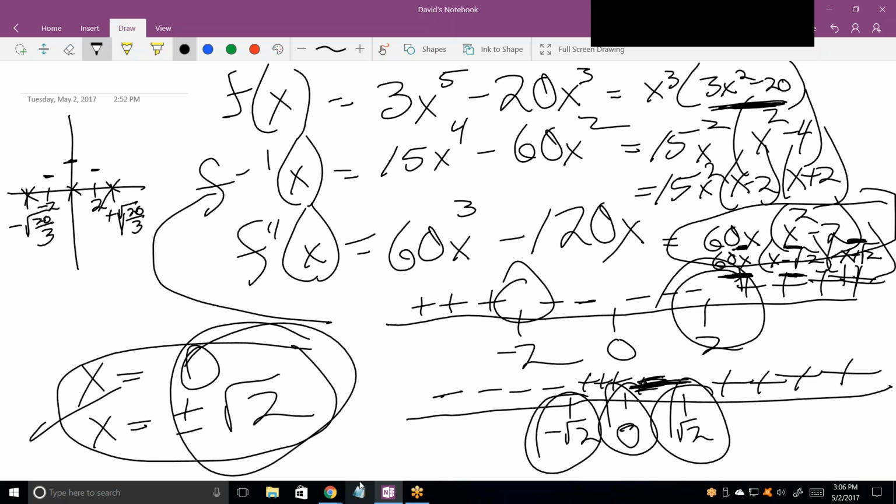Now, if I look at my second derivative, let's go back and look at the first derivative. To the left of minus 2, the first derivative is positive. That means my original function is increasing, up to minus 2.